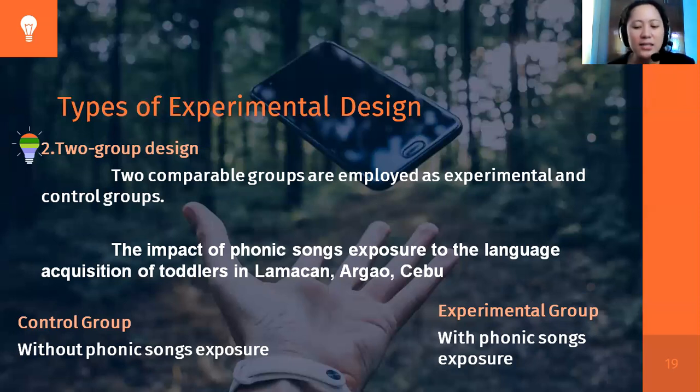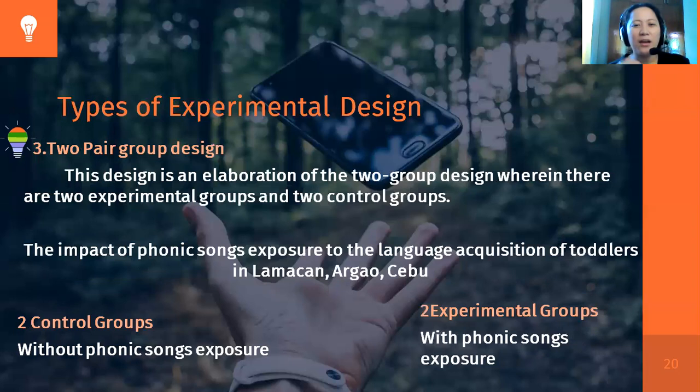Okay, next, number 3 is the 2-pair group design, meaning this design is an elaboration, expansion of the 2 group design, wherein there are 2 experimental groups and 2 control groups. So it is like the 2 group design being duplicated. So for example, again, the impact of phonic songs exposure to the language acquisition of toddlers in Lamacan, Argao, Cebu.